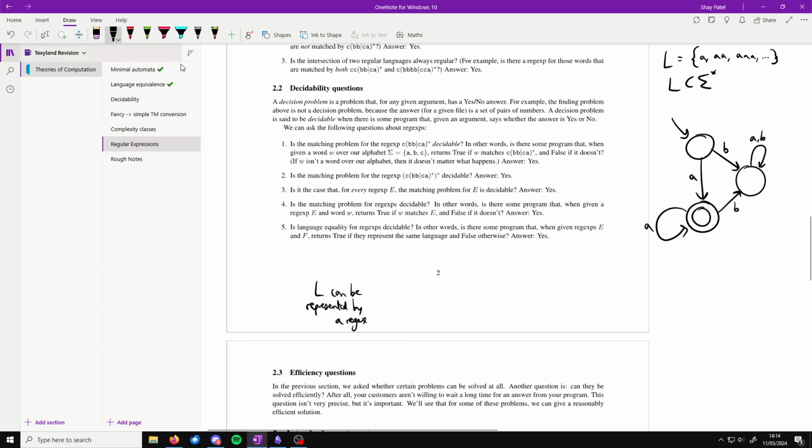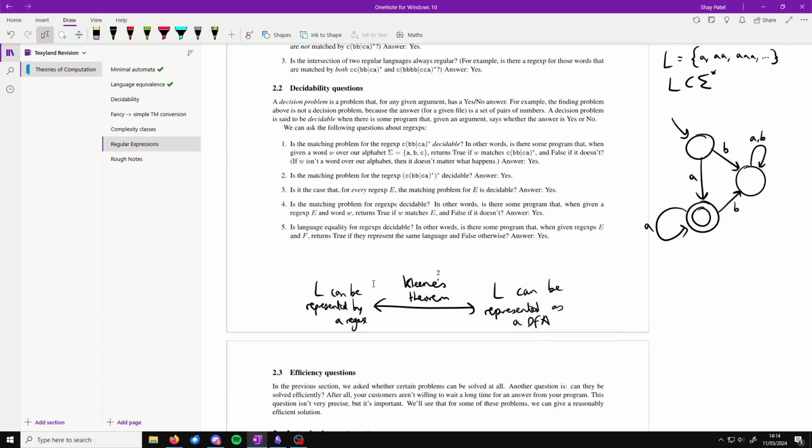So, by Kleene's theorem, L can be represented as a DFA. And so we can convert regexes to DFAs and vice versa. And we can use this to do all sorts of things.